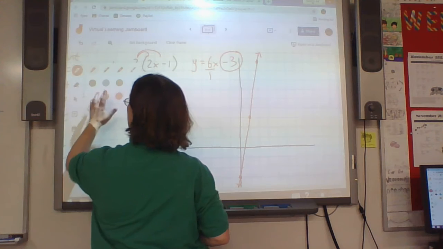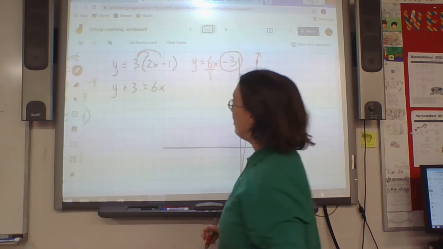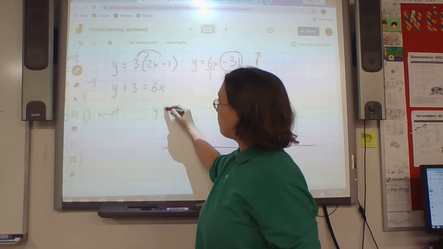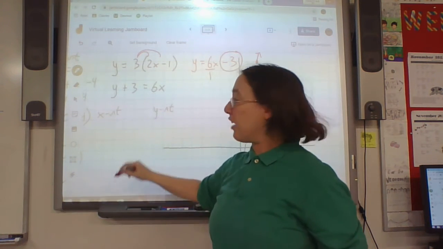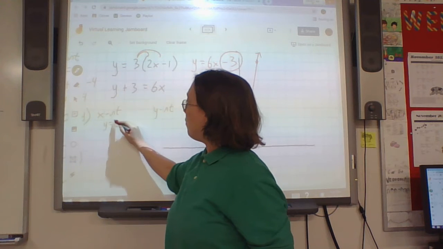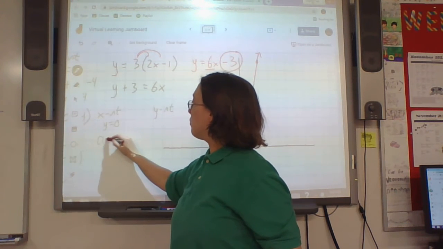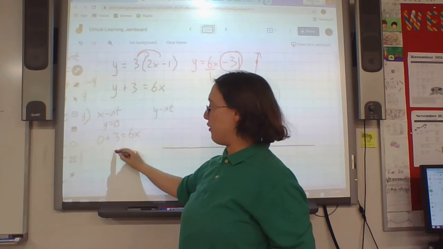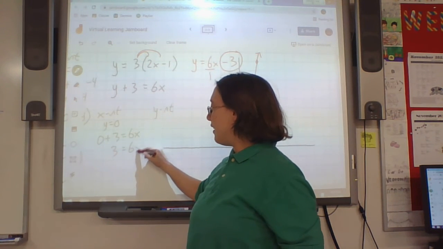Now, if we're looking for that second line, we're looking for our x-intercept and our y-intercept. If we're looking for our x-intercept, that means that y equals 0. So y is 0 plus 3 equals 6x. 0 plus 3 is 3.